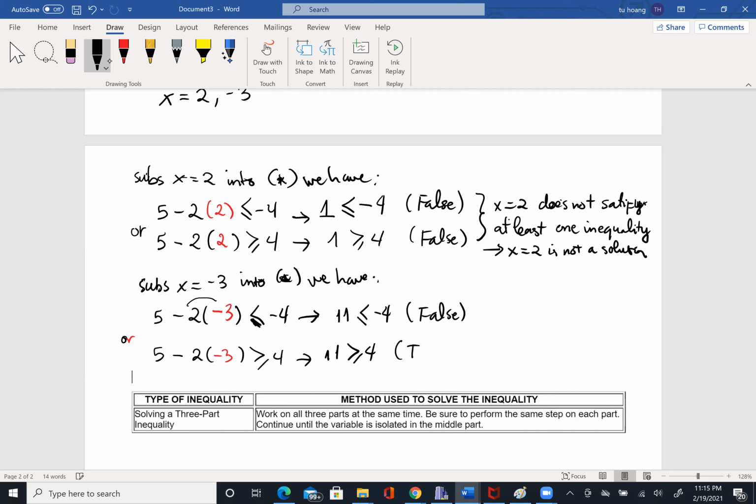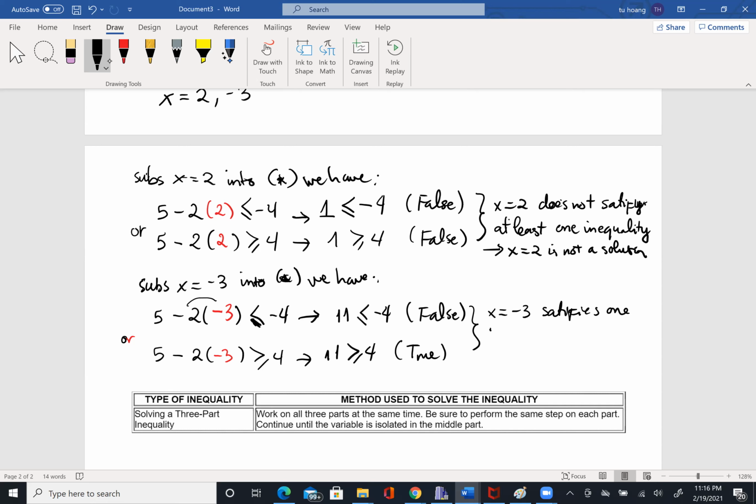Is that a true statement? Yes, it is a true statement. So because x equal to -3 satisfies one inequality, satisfies at least one inequality.